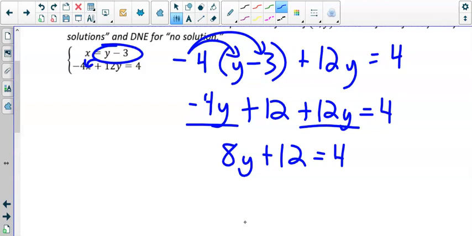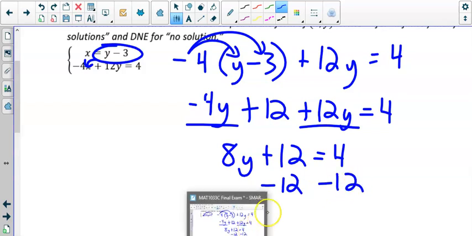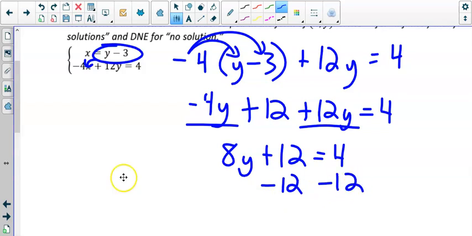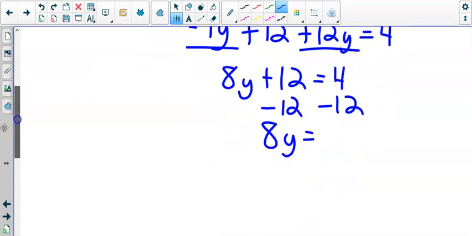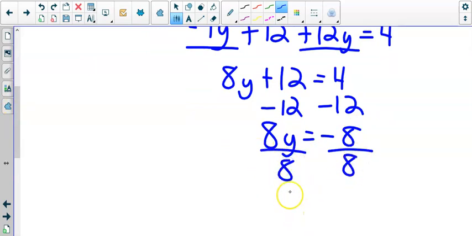That's what we just did. Now what? Yeah, minus 12. Boom, minus 12, minus 12. 8y equals, what's 4 minus 12? Negative 8. And then we're going to divide by 8. So y is equal to negative 1.